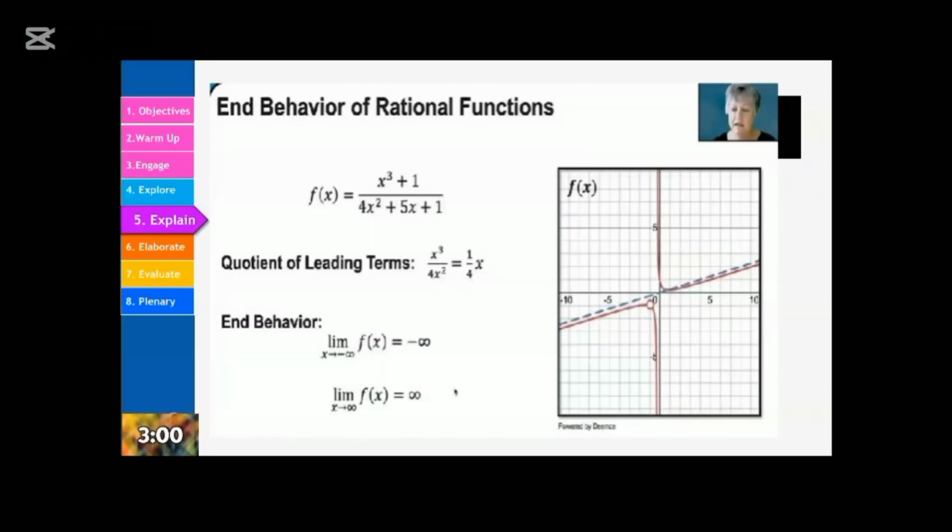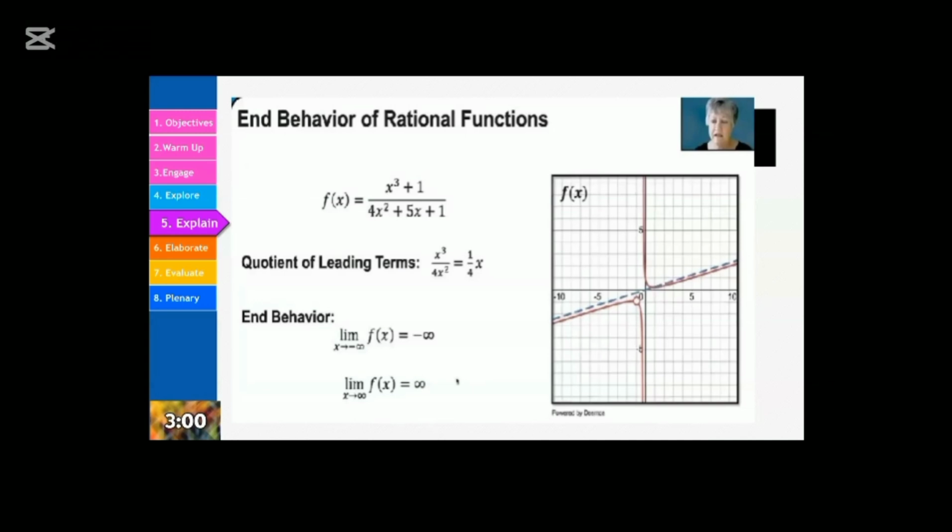So here, let's draw it. Here, if you notice, he takes x power 3 plus 1 over 4x power 2 plus 5x plus 1, and now he tries to find it.